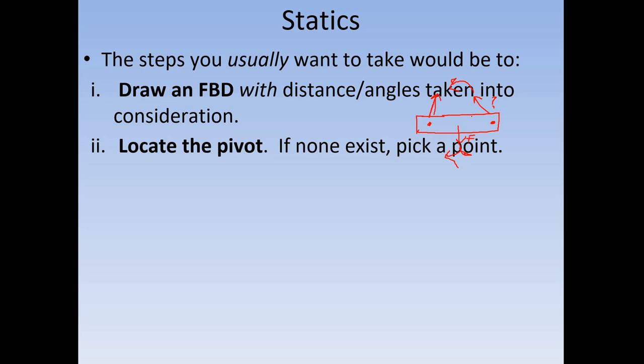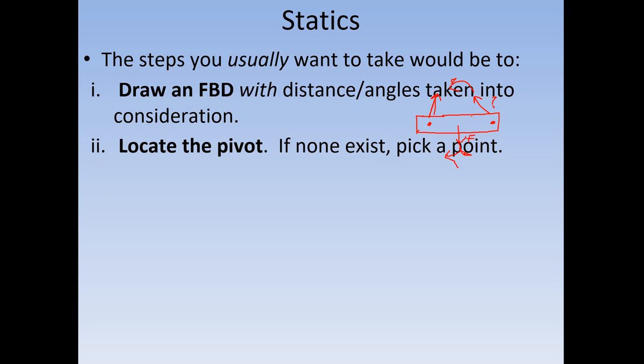So this is kind of the strategy of finding a great location to put the pivot, mostly so that you can actually A, solve the problem, but also B, be able to solve it as simply as you can. Because we're going to be dealing with a lot of forces acting on objects, with each force acting at a distance that needs to be multiplied by it, and with each force acting at a variety of different angles, our torque equation is going to end up looking very long.